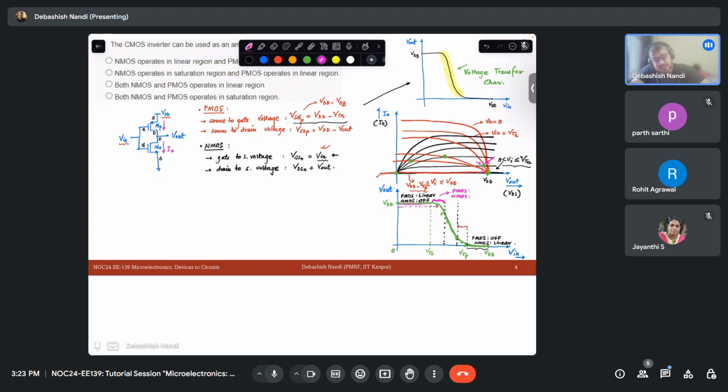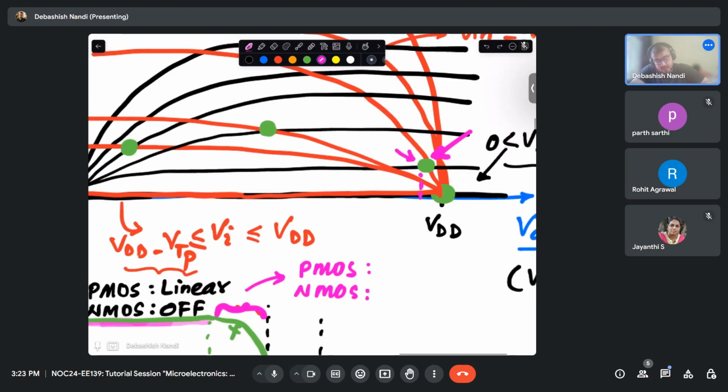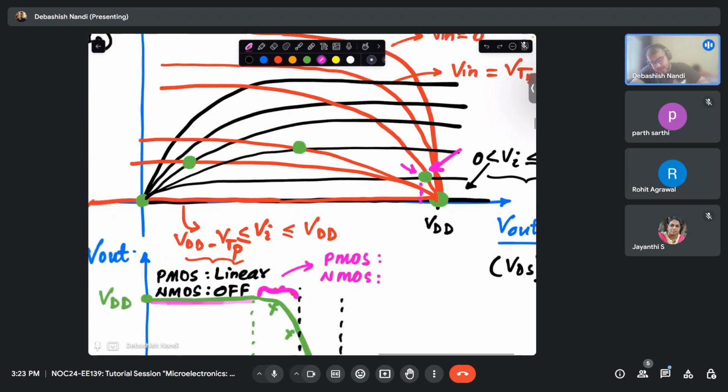So at this point, what is the status of my PMOS and what is the status of my NMOS? So you can see, right? This is the intersection of which two curves? This is the intersection of this curve and let's say this curve. So the black curve is for NMOS.